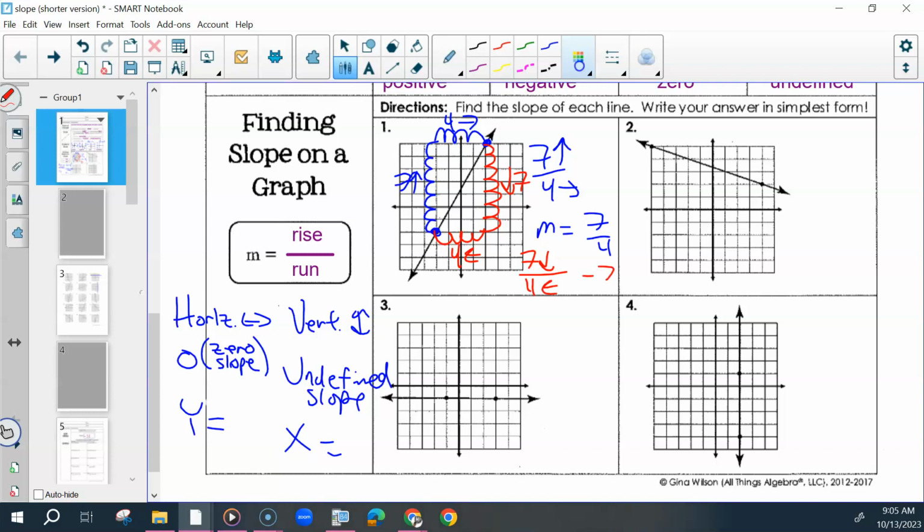Which would be a -7 over a -4, but that would still simplify to be a positive 7/4. So it does not matter which way you look at it, as long as you're doing rise over run and not run over rise. All right, questions on number 1?